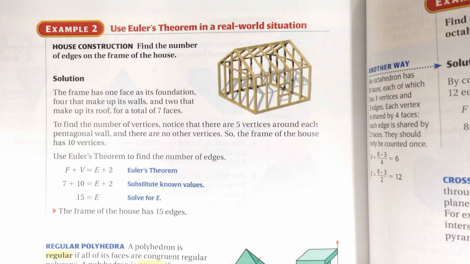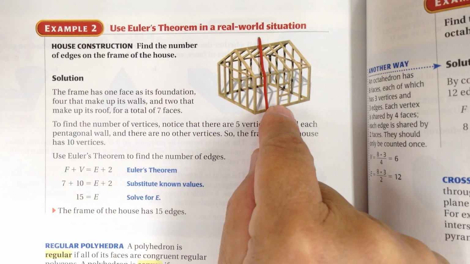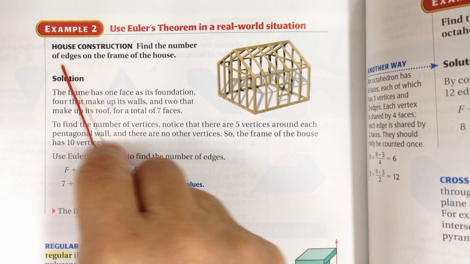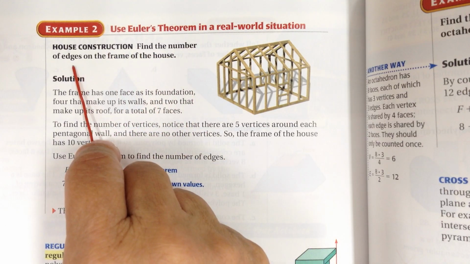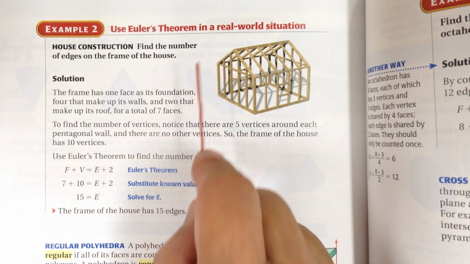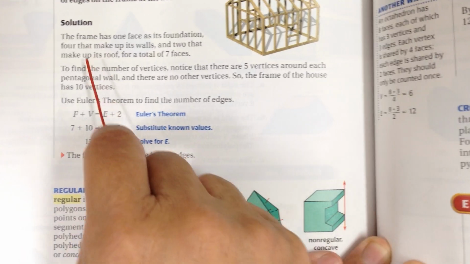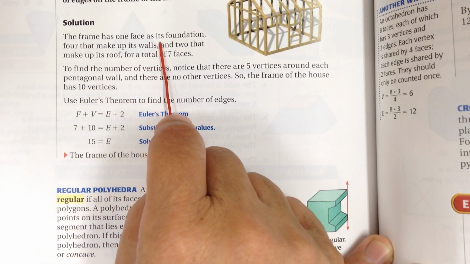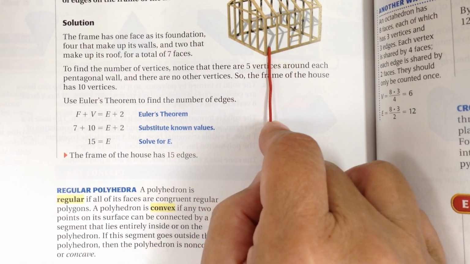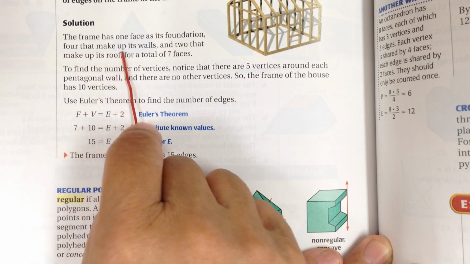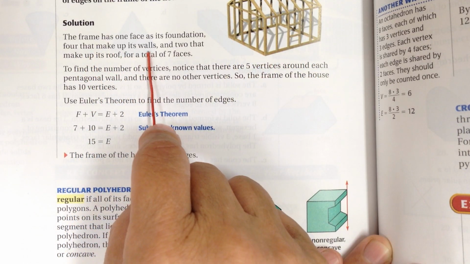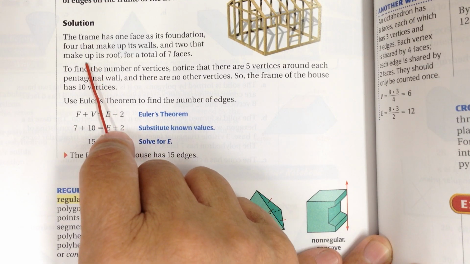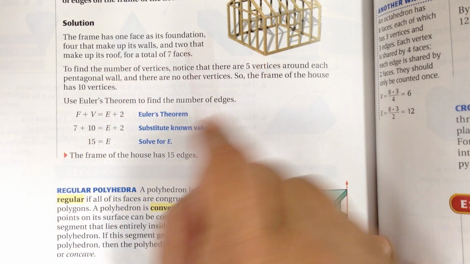Example 2 says use Euler's theorem in a real world situation. House construction: find the number of edges on the frame of the house. Solution. The frame has 1 face as its foundation, so that's the bottom, and 4 that make up the walls, and 2 that make up its roof, for a total of 7 faces.